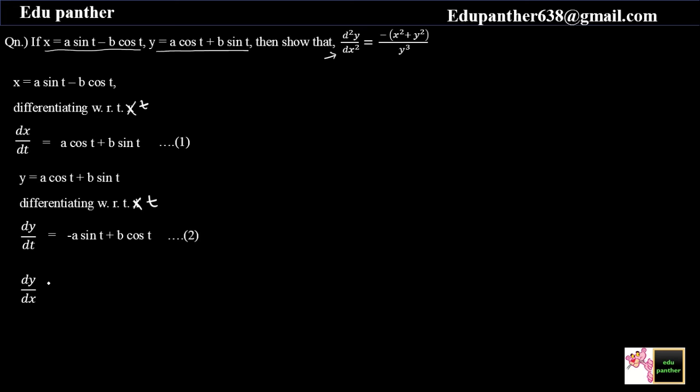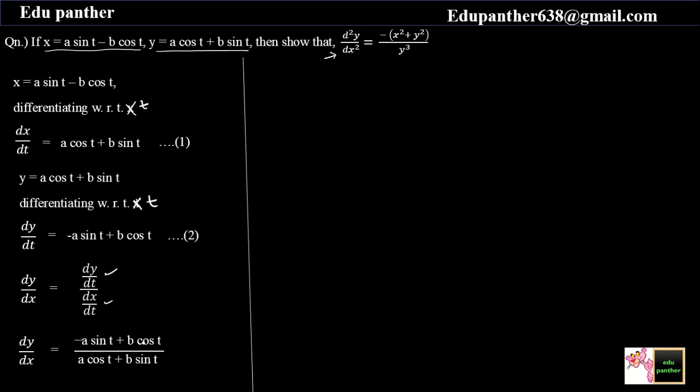So in case of a parametric function, the formula for dy by dx is dy by dt upon dx by dt. And from equation number 1 and 2, we can substitute the value of the numerator as well as the denominator. So if we substitute the value, what we will get? Minus a sin t plus b cos t upon a cos t plus b sin t.